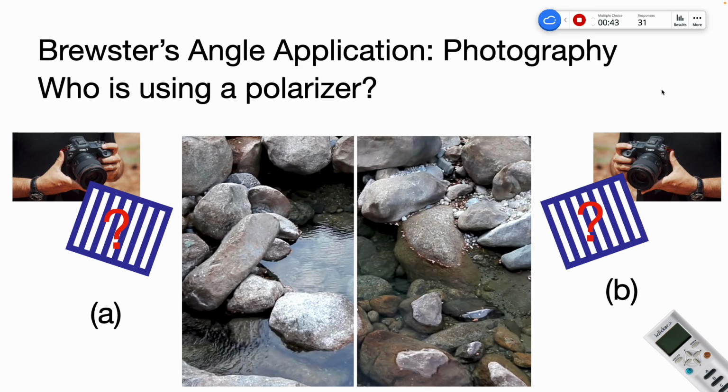But at Brewster's angle, all the polarization that goes like this will enter the water, which means only the polarization perpendicular to the incident plane will be reflected. In other words, at the Brewster angle, the reflected light itself is polarized, and you can block that light with a polarizer. So which picture looks like you are blocking the reflected light?